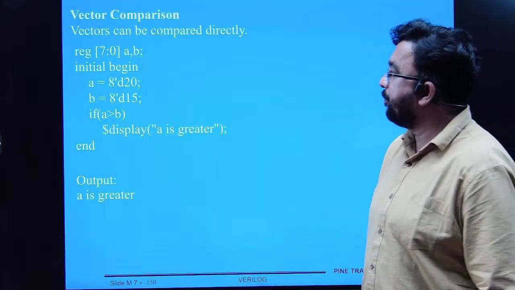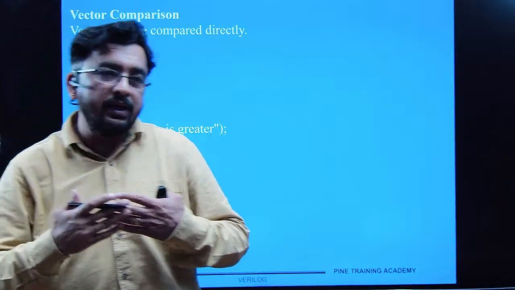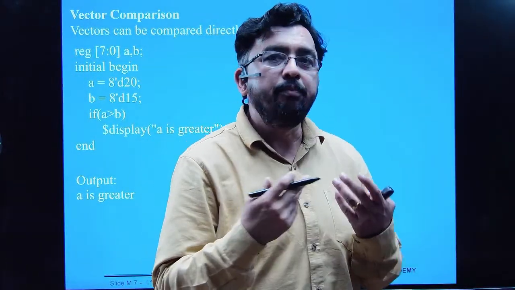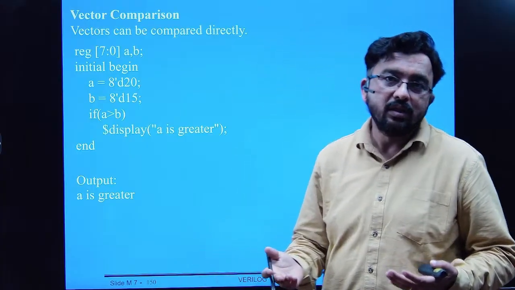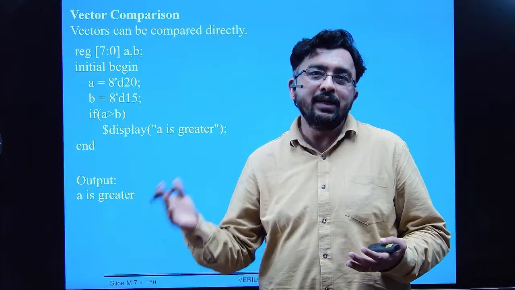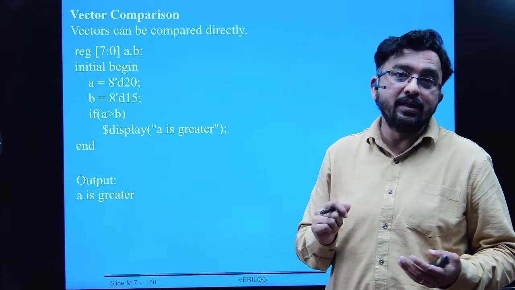Okay, again, if any value is given in terms of vector, it can be compared also. Compare, like use any relational operator: less than, greater than, less than or equal, greater than or equal. Okay, so these are all operators.